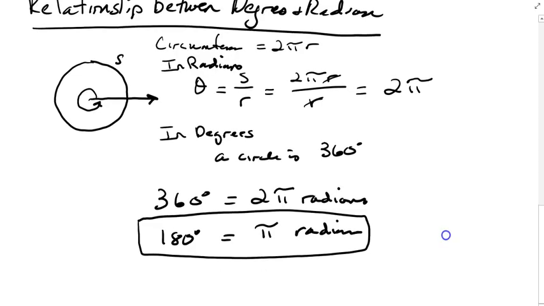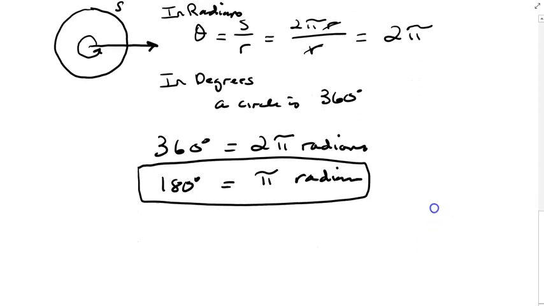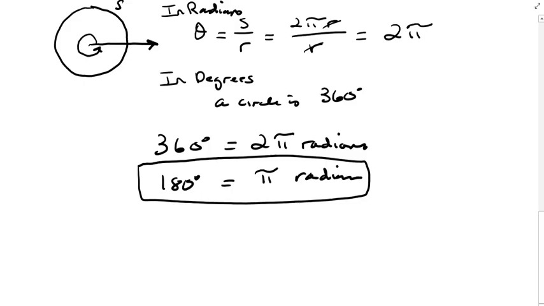But don't worry, you'll get really good at working in radians by the end of your pre-calc class. Because once you get to calculus, unless you're doing an application problem, if you're doing more of a theoretical problem, you're going to be working in radians. So, because of this, what we can do is set up ratios.